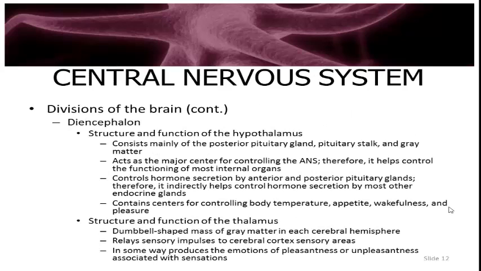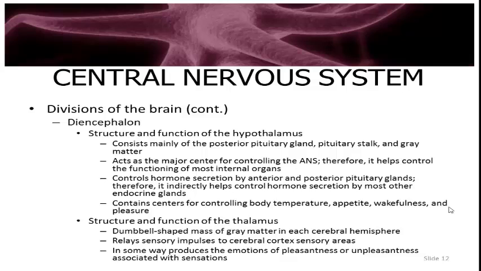The diencephalon includes the hypothalamus. It's made up mainly of the posterior pituitary gland, the pituitary stalk, and gray matter. The diencephalon acts as the major center for controlling the autonomic nervous system, so it helps control the functioning of most of our internal organs.